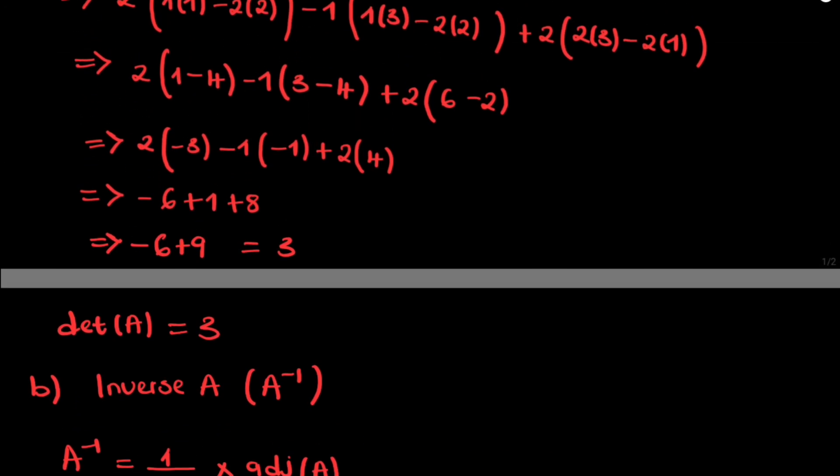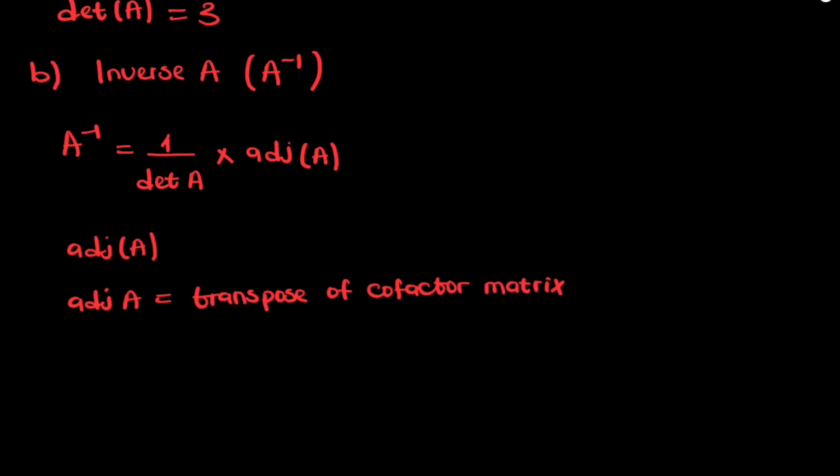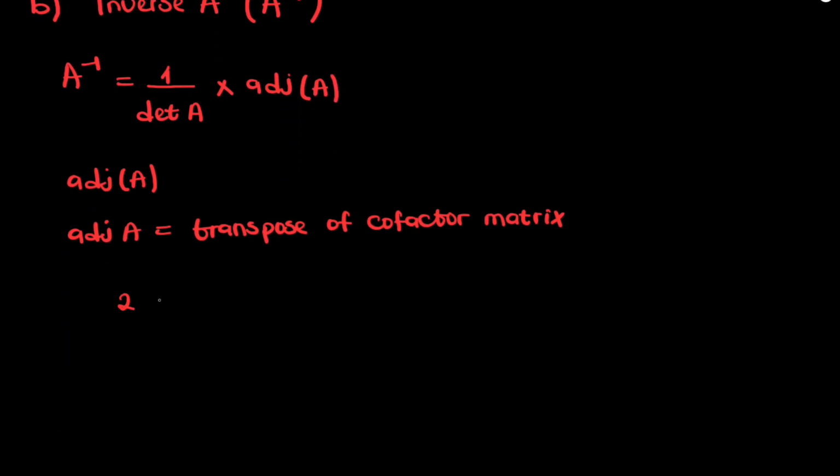So now let's find the cofactor matrix. We take our original matrix and write it down 4 times.